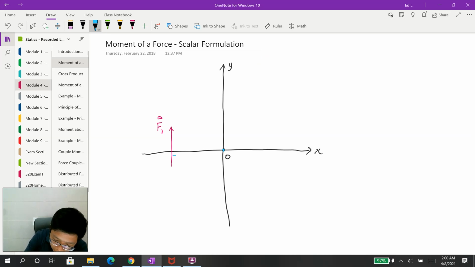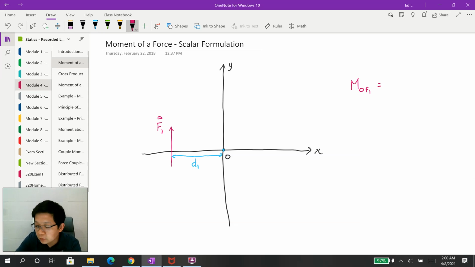There is only one perpendicular distance from the reference point to the location where we apply the force, and let's call that distance d1. So we can calculate that the moment about point O due to the force F1 is equal to the force F1 multiplied by that perpendicular distance d1.